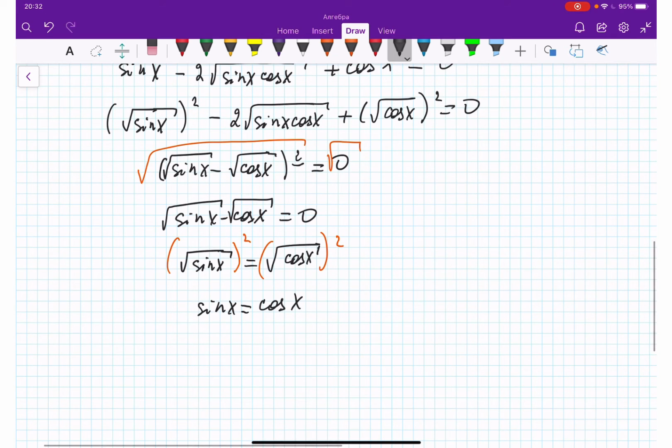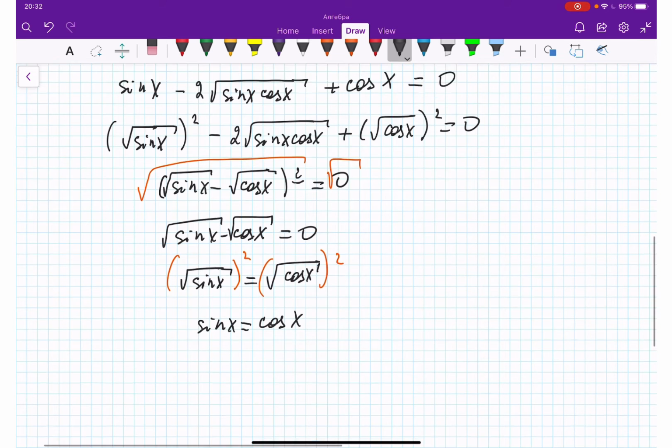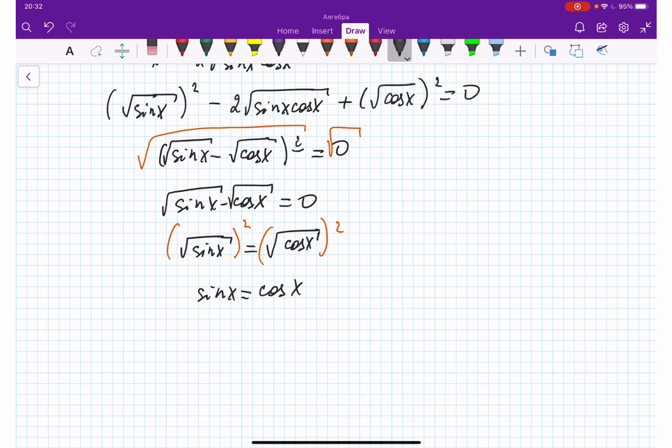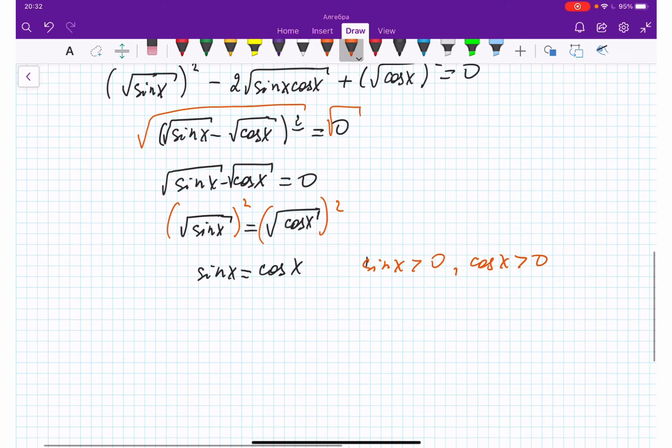All right, if sine x is equal to cosine x, and we have the domain condition that sine x and cosine x have to be greater than 0, remember? Sine x has to be greater than 0, cosine x has to be greater than 0. Therefore, I'm going to divide both sides by cosine x. Why?